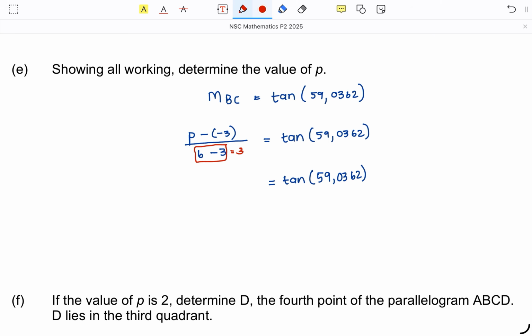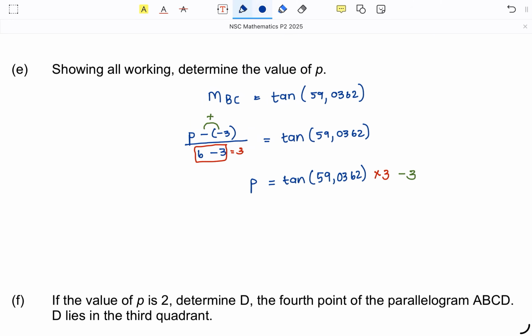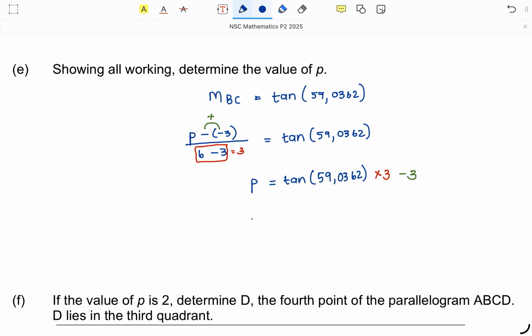So technically on the left, I'm dividing by 3, which means on the right, I would want to multiply by 3. And then at the top there, that negative times the negative changes to a positive. So it's p plus 3, which means I'm also going to want to minus the 3 on the other side, leaving me with only p. And then when we pop this into the calculator, we would get that p is 2 units.